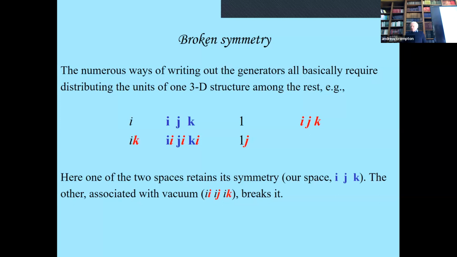One goes on the vector, that's the i, and one goes on the unit, scalar, that's j. So you can see we've got two spaces, the one made up of the complex and the quaternion, which is the red one, which is broken, and the other one which isn't, which is our space.